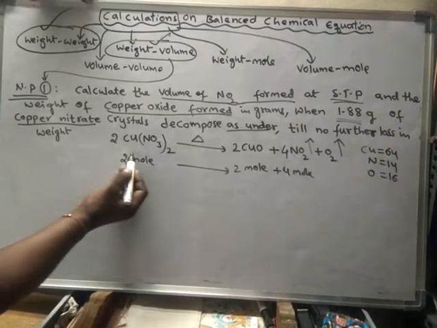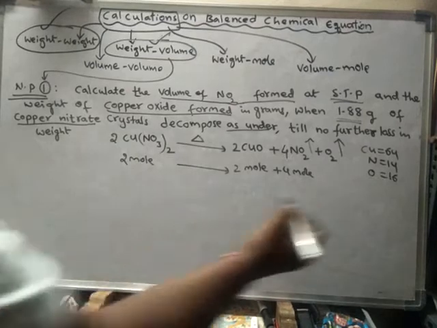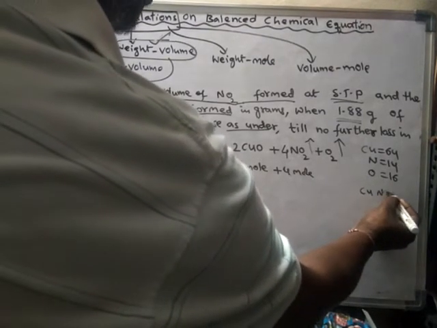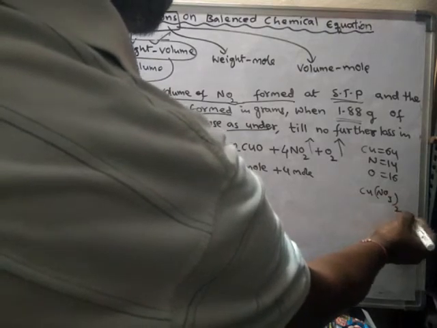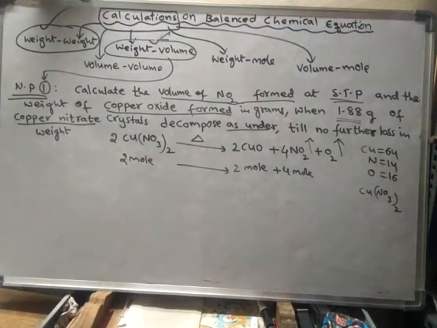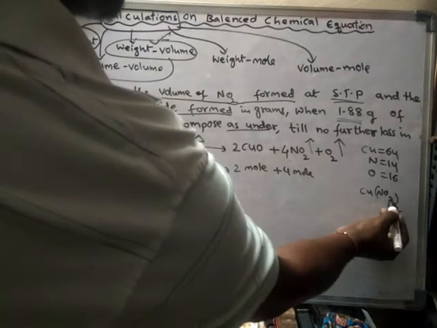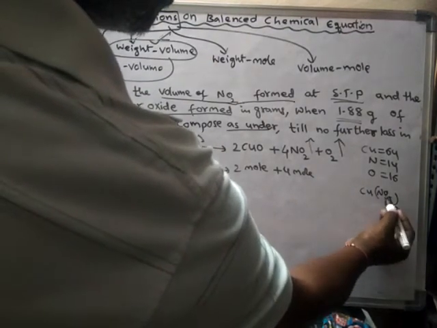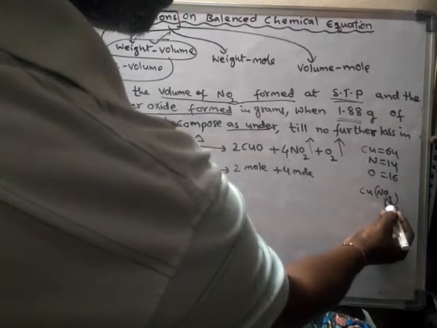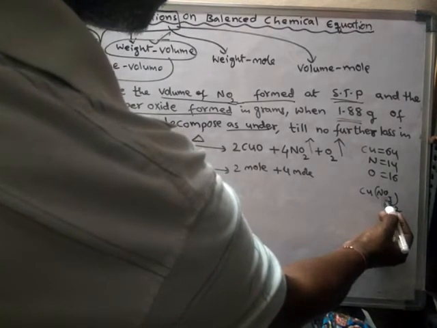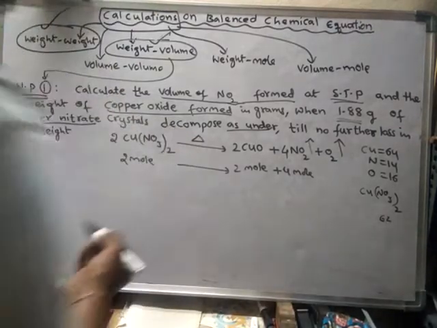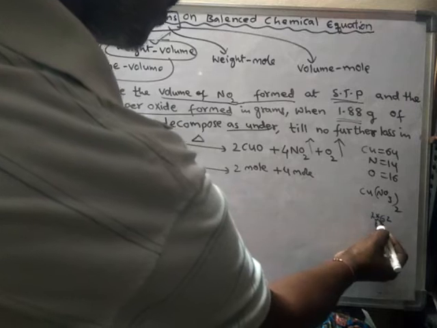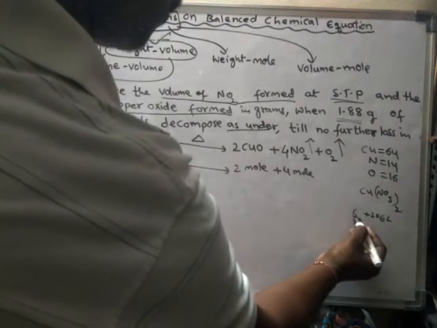So 2 moles of copper nitrate. What is the molecular weight of copper nitrate? Cu(NO3)2. NO3 is 48 plus 14, how much is it? 62. 62 into 2 plus copper 64.